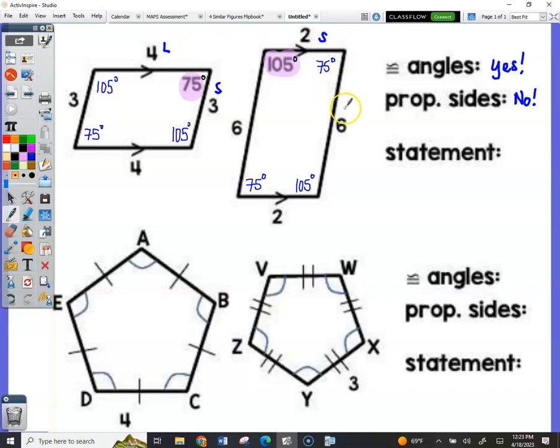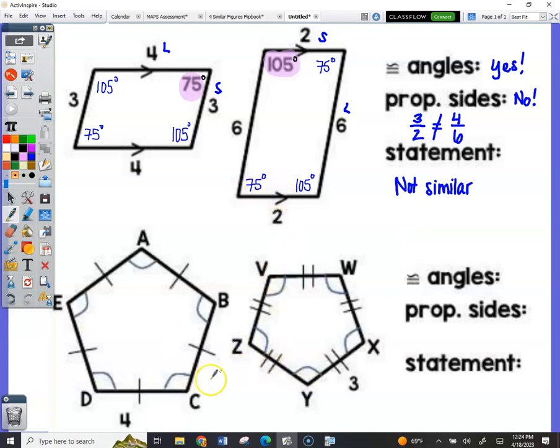So when we compared small to small, and then large to large, we did not get the same number. So what's our similarity statement? That they're not similar. So here's an example of where it does not work out. The angles worked out, but the sides are not proportional.